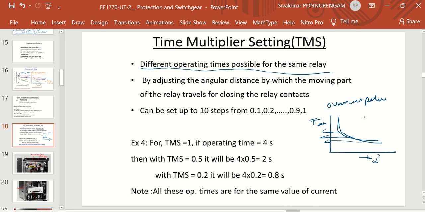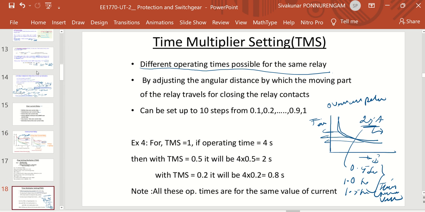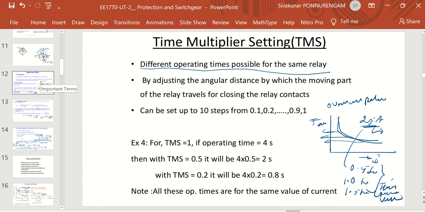Assume a 25 amps current, where the relay may operate in 0.5 seconds, 1 second, or 1.5 seconds. This option can be used for time grading, which was discussed in the previous video.